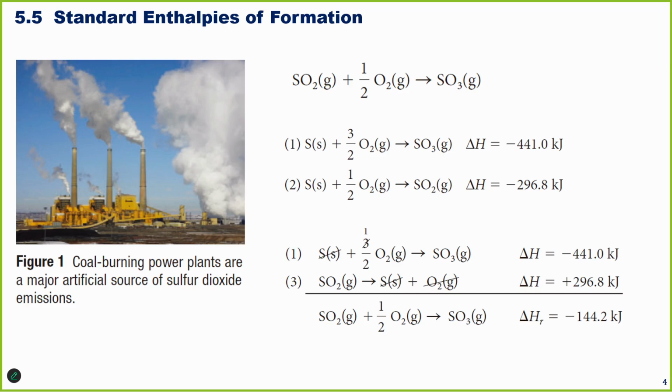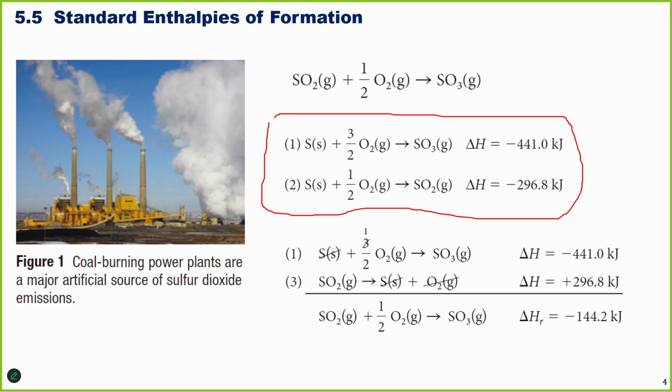Which are illustrated here. Applying Hess's law, equation 1 remains unchanged because sulfur trioxide gas is on the product side. Equation 2 is reversed so that sulfur dioxide gas is on the reactant side, resulting in equation number 3 here.